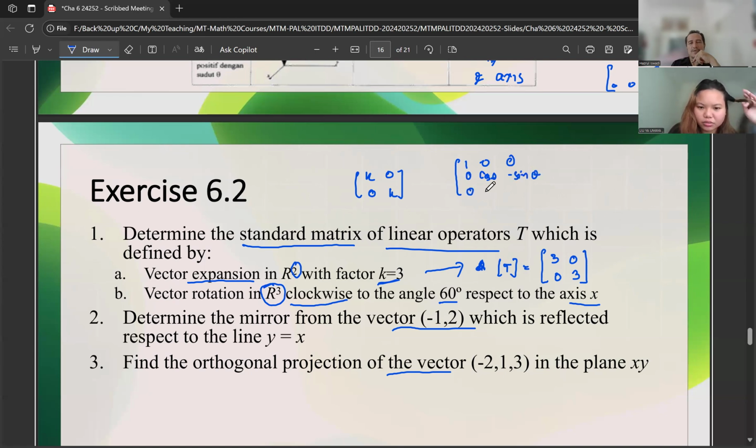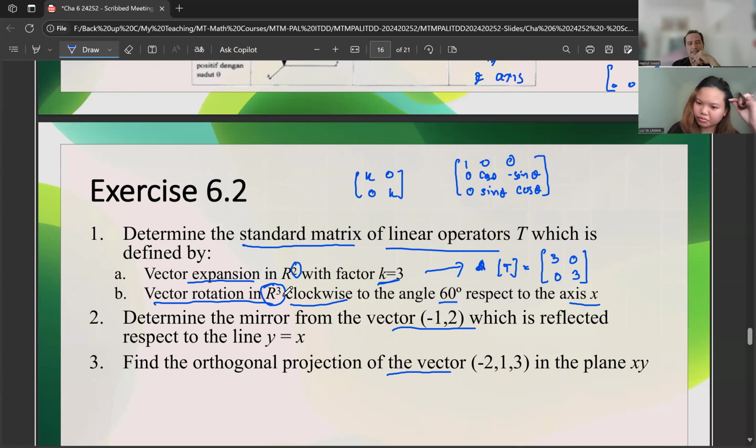This is the standard matrix of this operator.